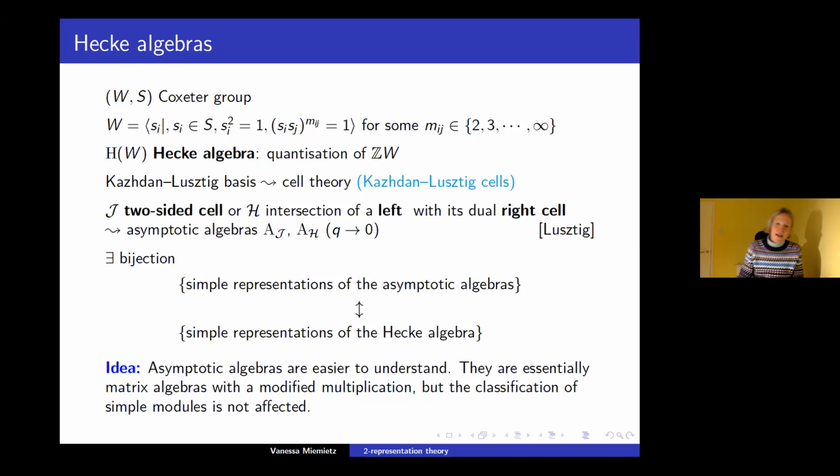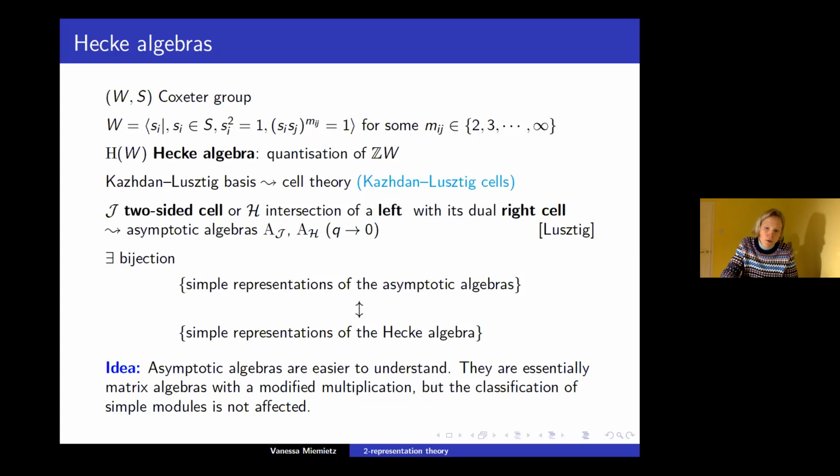And then you can get all simple representations of the Hecke algebras. And the idea is that the asymptotic algebras are much simpler to understand because they're essentially just matrix rings, except you've modified your multiplication. If you multiply two matrices, you always have to stick the same matrix in the middle. But it turns out that doesn't affect the classification of simple modules. So these asymptotic algebras are helpful in finding simple modules for the Hecke algebra.